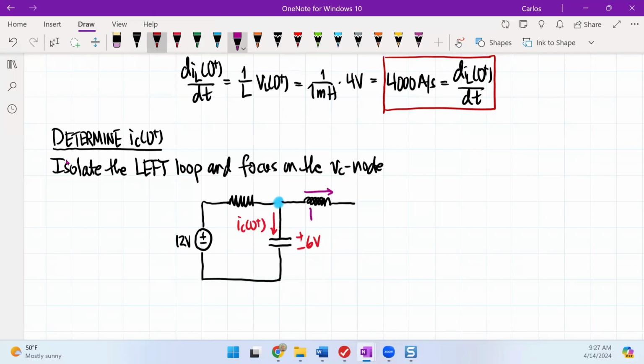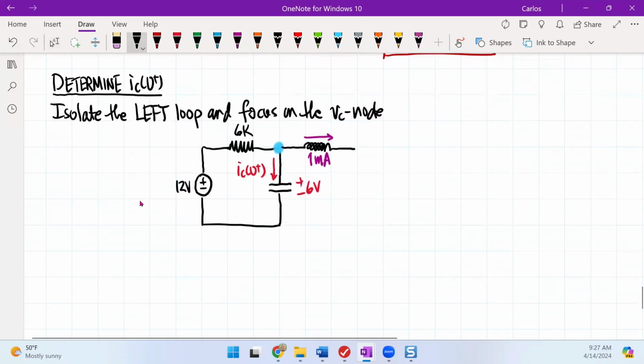Let's write this a little bit bigger. So now that I have this, looking at KVL, we could immediately calculate the voltage of the 6K resistor, because you could see it's got to be 12 minus 6 to give me a 6 for the 6K resistor.